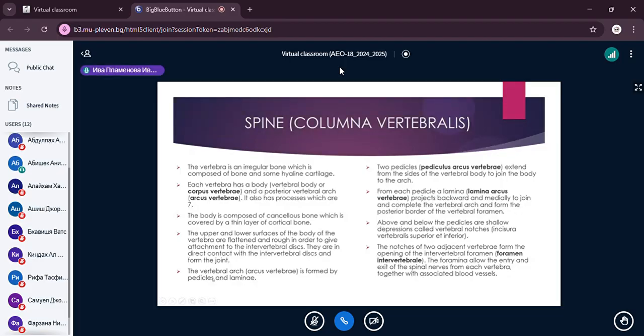The vertebral arch is formed by pedicles and laminae. The 2 pedicles, in Latin pediculus arcus vertebrae, extend from the sides of the vertebral body to join the body to the arch. From each pedicle, a lamina projects backward and medially to join the vertebral arch and form the posterior border of the vertebral foramen.